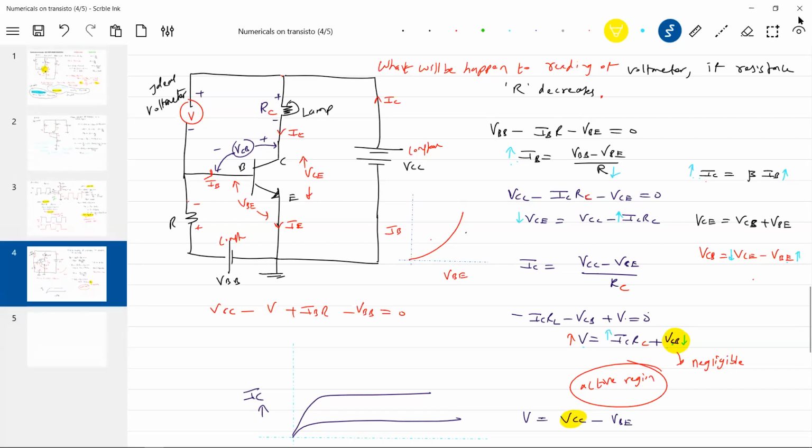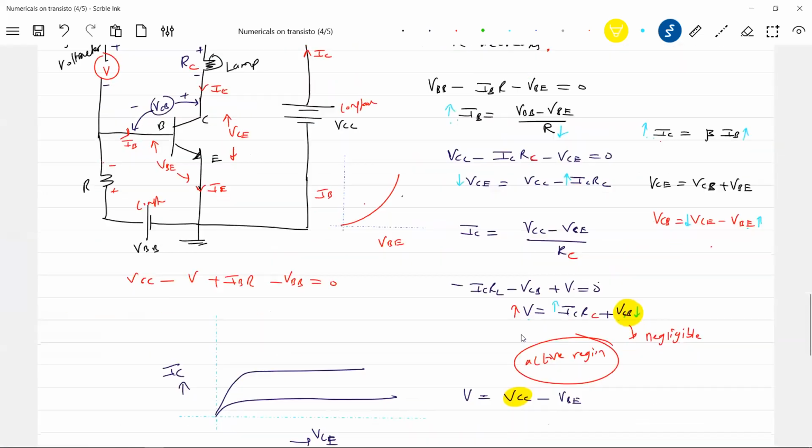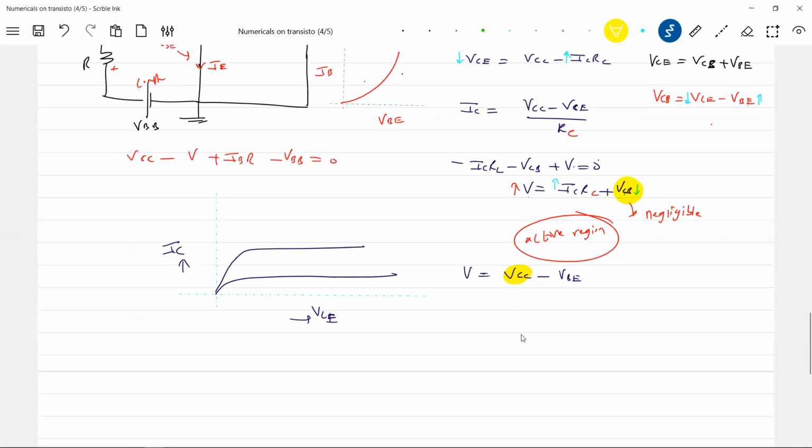So since VBE is increasing, we should decrease, no, sir. You are telling from there. This is constant. This will be increasing. So you are saying this is decreasing. Okay, yes, sir. This will be much easier, no?